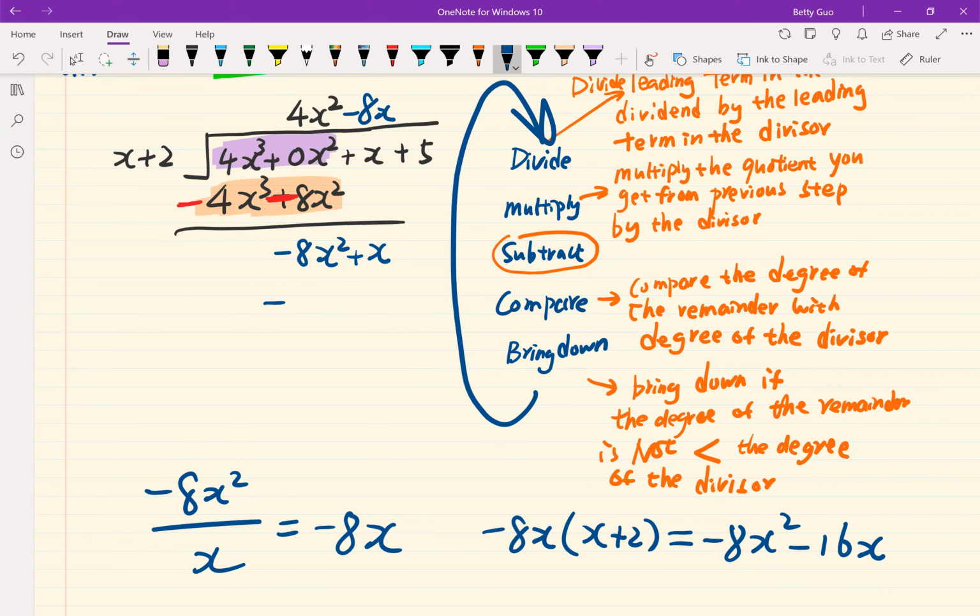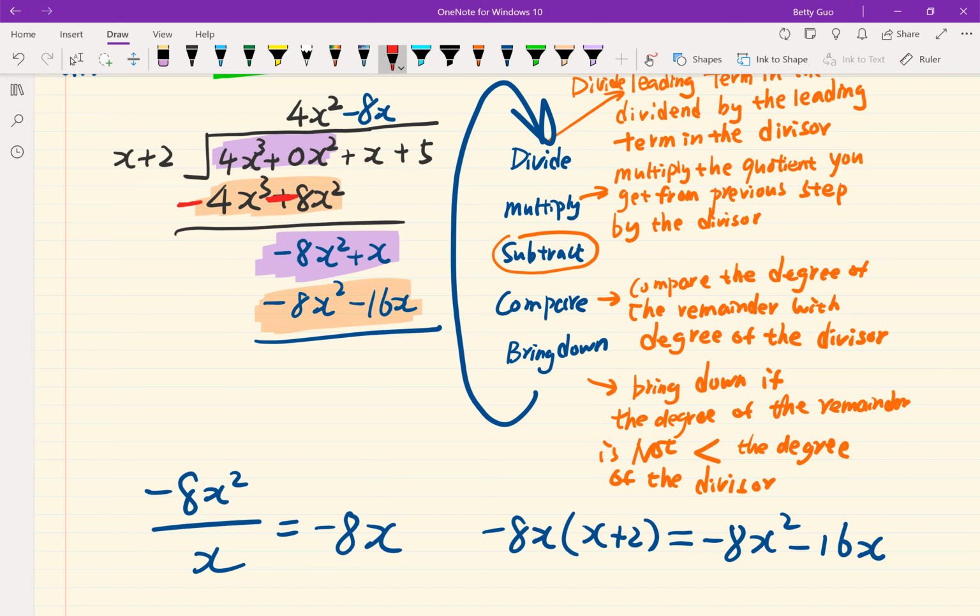Again, we are using the purple minus the orange. We are subtracting the orange from the purple, but instead of subtracting, we change the sign and do the addition. Look at the orange.